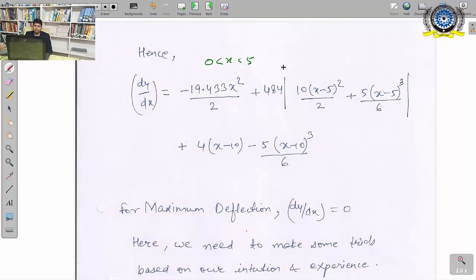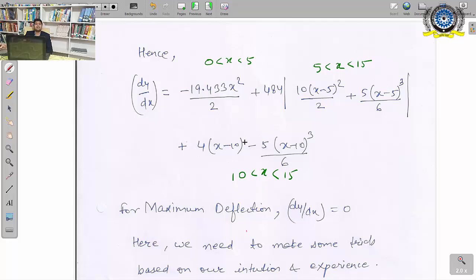This is applicable for 5 less than x less than 15, and this portion is applicable when 10 less than x less than 15. So this part of the Macaulay's function is applicable for x greater than 10. But we assume that maximum deflection occurs somewhere between C and D, so x will be less than 10.